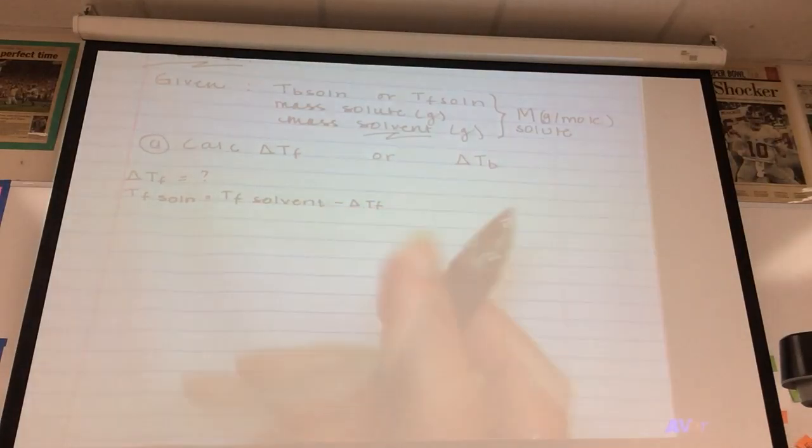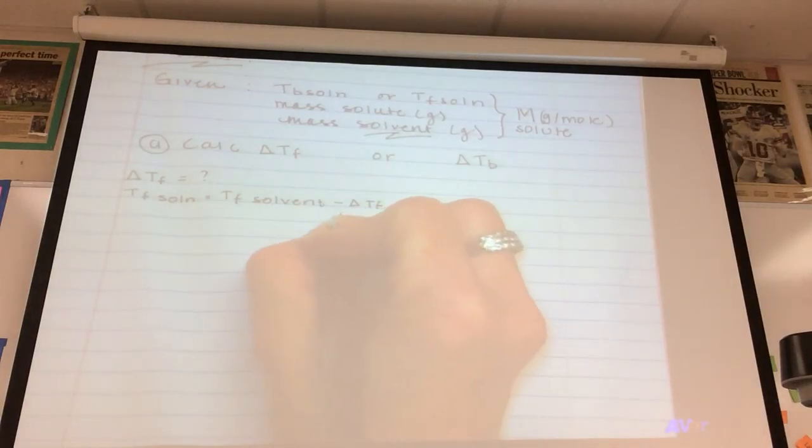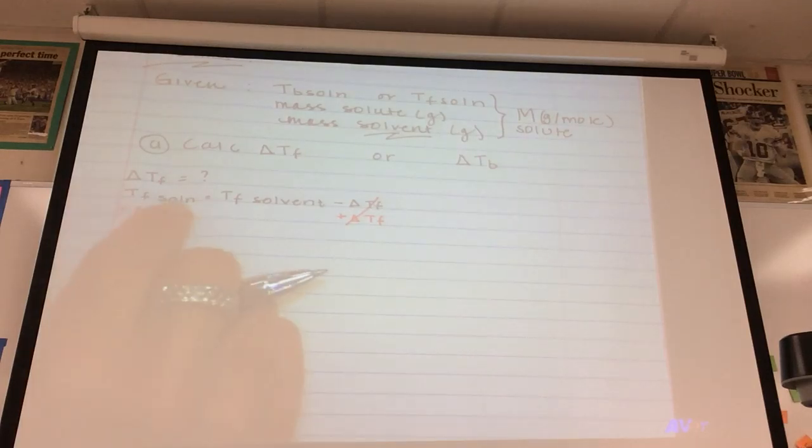I want to get delta TF by itself, and I really don't want it to be negative. So if I add it to both sides, I have that. And then I want to move this to the other side, so I'll subtract this from both sides.